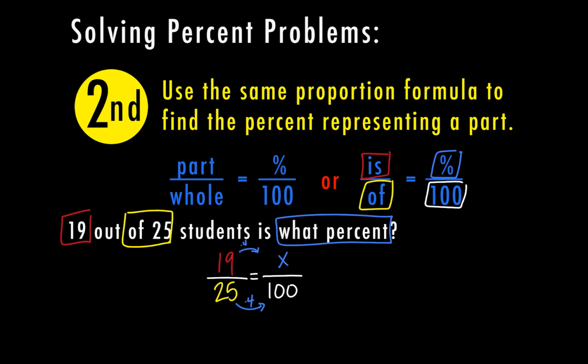So if I do 19 times 4, I can solve for my percent. 9 times 4 is 36. 4 plus 3 is 76. So 76 is my percent. That means that 19 out of 25 people, 19 is representing 76%.